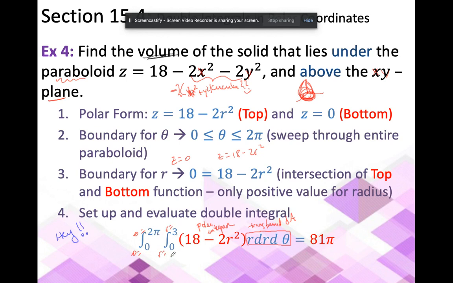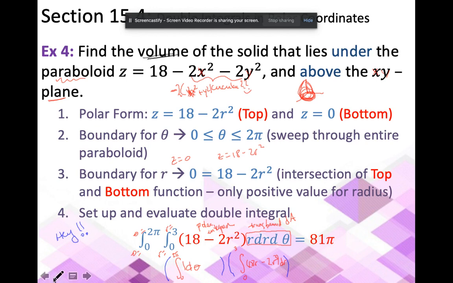Because these are all constants, instead of doing my iterated integrals, I can just integrate from 0 to 2 pi d theta, and then integrate from 0 to 3 dr, and do those separate integrals.